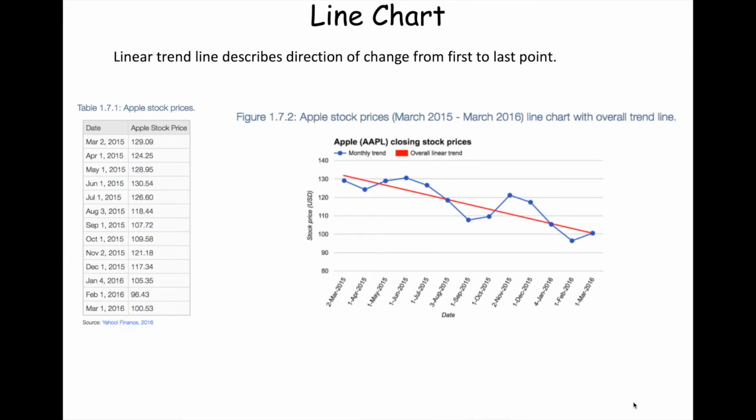So this is an example of a trend line, a regression line, and it describes a linear relationship. And this linear relationship covers a larger period of time than what is depicted using the raw line chart. And so why do people use this? Well, there are all sorts of things, beyond the scope of this class, that people use to try to predict or help inform their choices about what they believe a stock is going to do over time.